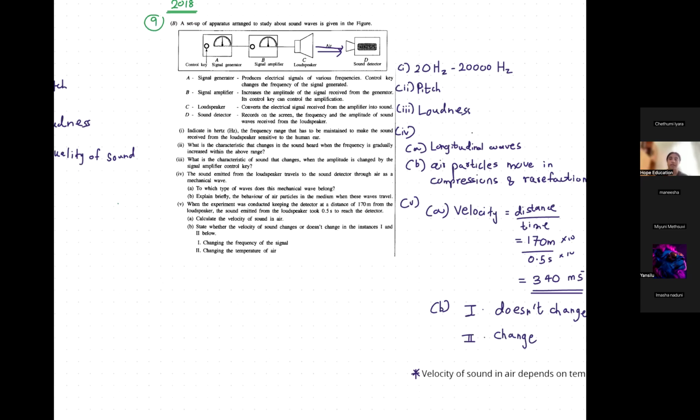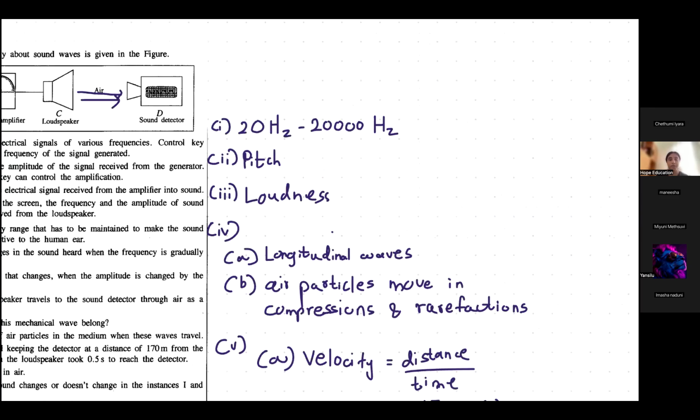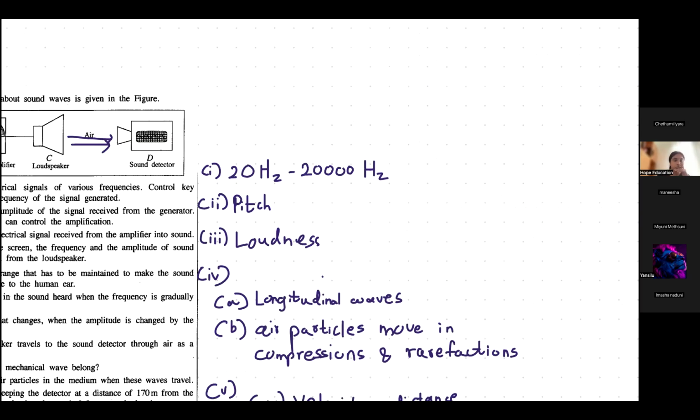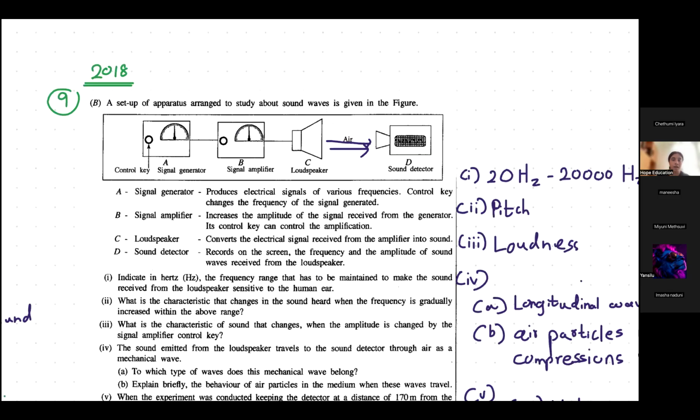All right. I'll show you how the marks are given. This is the 2018 paper, 9th question, B. 20 to 20,000 hertz gets 1 mark.